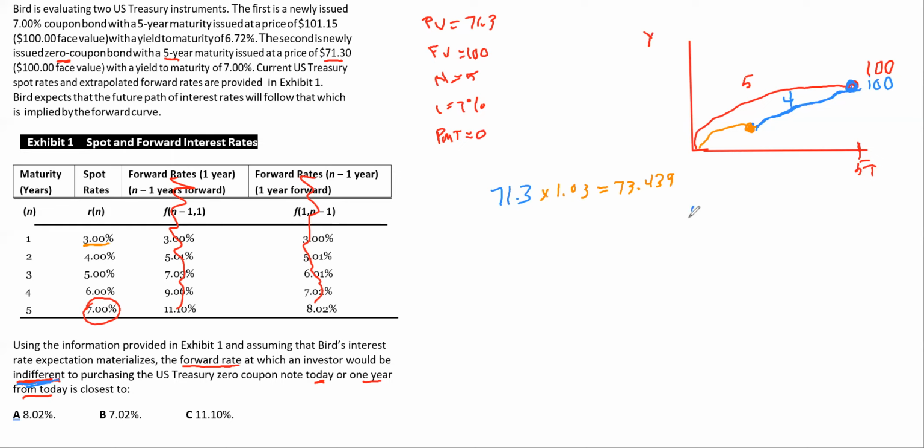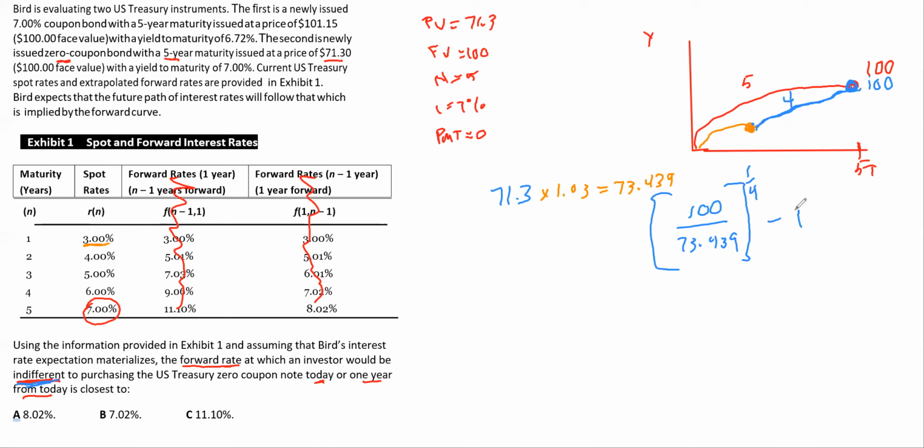Well, that's pretty easy. That's just ending value 100 over beginning value 73.439. Now we have to annualize this because it's over 4 years. So put this to the exponent, like a geometric return, 1 over 4. That's the periods.